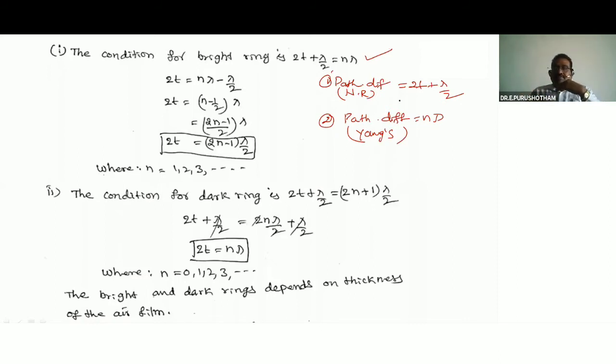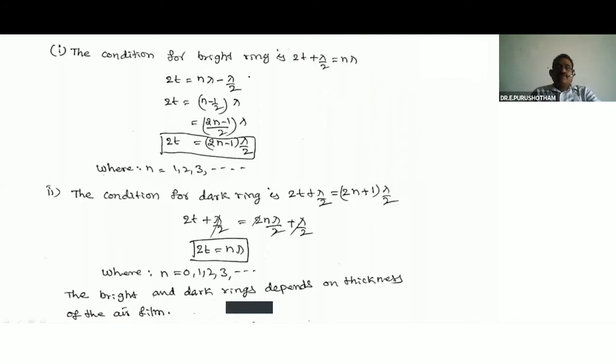Path difference and path difference, the left sides are both the same. So this is equation number 1, and equation number 2 we can write. Equation 1 is equal to equation 2. So we can write 2t is equal to n lambda minus lambda by 2. So lambda by 2 is the common factor, n minus half.